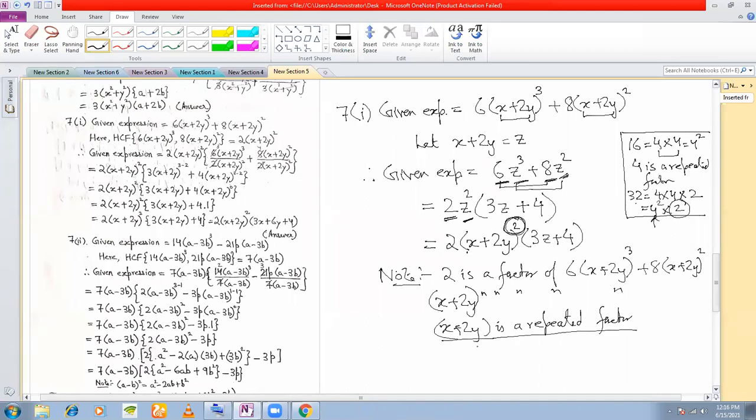Okay, and what is the last factor? I have not put the value of z here, so let me just put the value of z here. This is 3 times z, which is x plus 2y, plus 4.